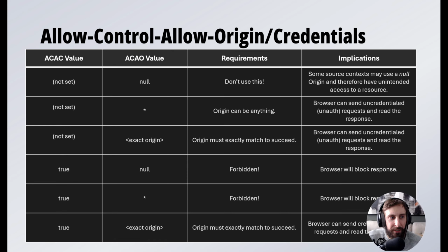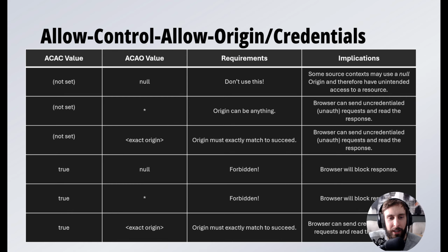So now let's consider the value of the access control allow origin header in conjunction with the value of the access control allow credentials, or ACAC header, on the very far left. So the first three rows, ACAC is not set, so we're not permitting credentials. The first row, null for the origin.